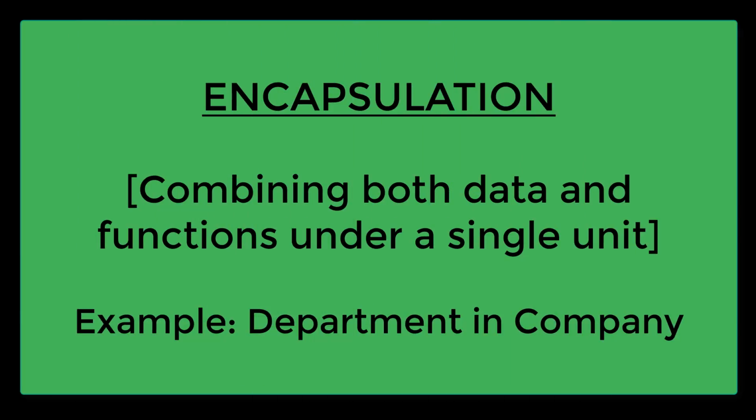The next one is encapsulation. The wrapping up of data and operations or functions that operate on the data into a single unit is known as encapsulation. For example, in a big company, there are several departments, that is sales, accounts, payroll, purchase, production, etc. Now suppose an employee in the production department wants to know some details about the purchase department.